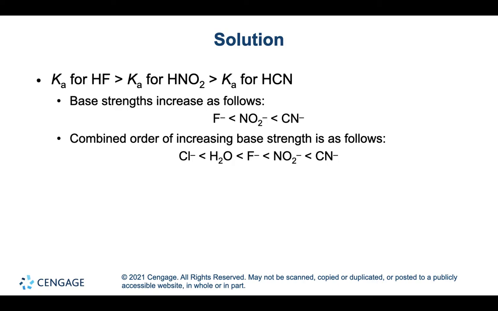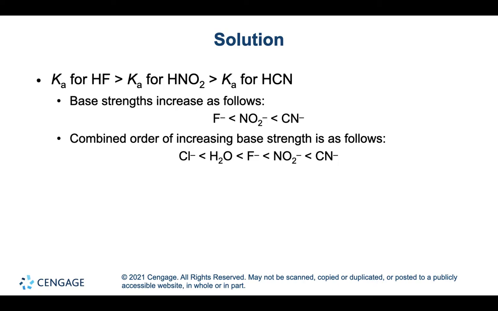F minus is a weaker base than NO2 minus, which is a weaker base than CN minus. So combining everything together, we have Cl minus is the weakest base because it's the conjugate base of a strong acid. Water is next.